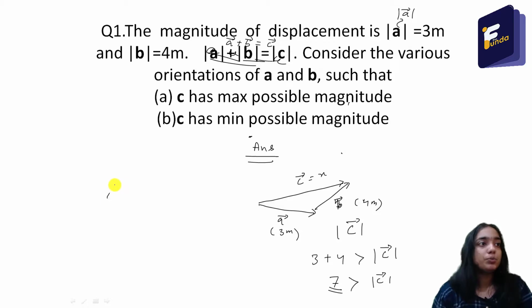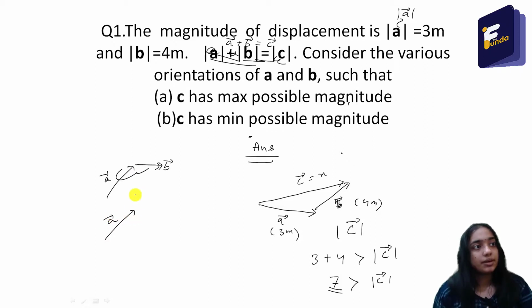Any way you put, say this is A vector, this is B vector. Sorry, it will be longer because it's 4 meter. So let me draw it again. A vector and say this one is B vector. Okay, so this is C vector like this. So let this one is given 3 meter magnitude.